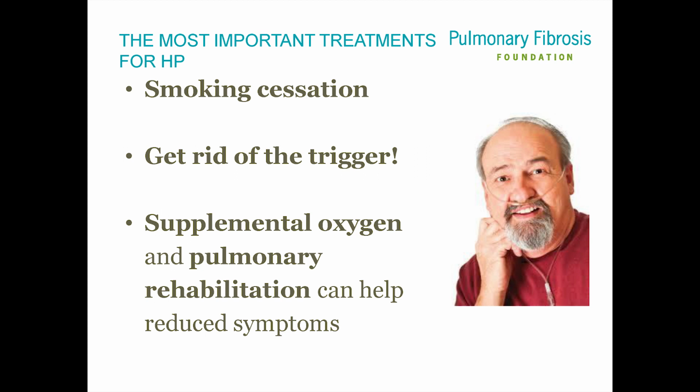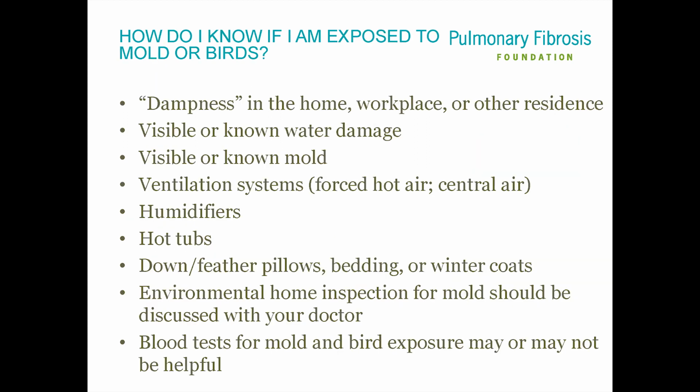Antigen just means a protein that is literally the trigger. The antigen refers to the molecules that are doing it, but I think trigger is probably a better word to use. If your doctor determines that you need oxygen or should enroll in pulmonary rehabilitation, those can be excellent treatments for people living with HP and other forms of pulmonary fibrosis.